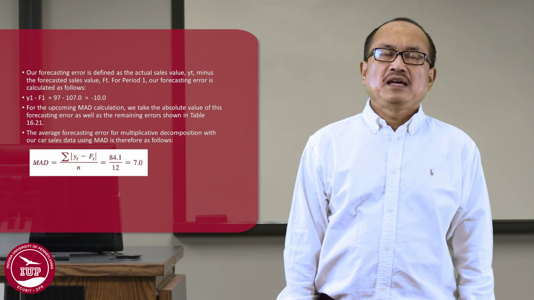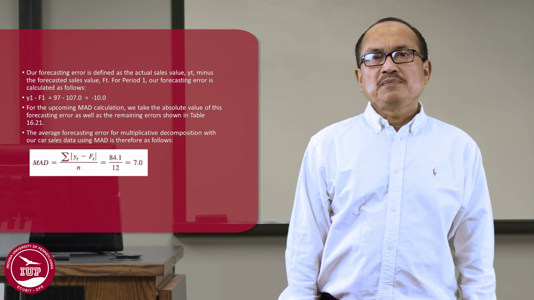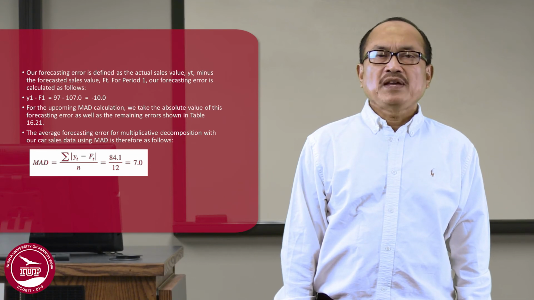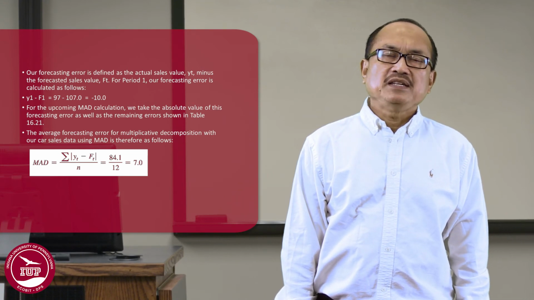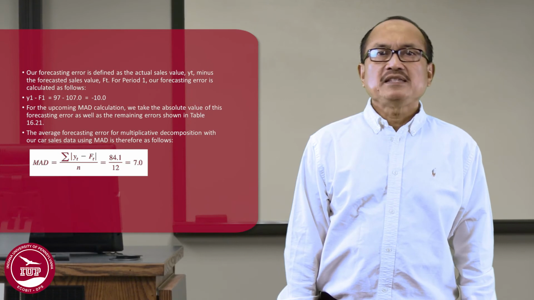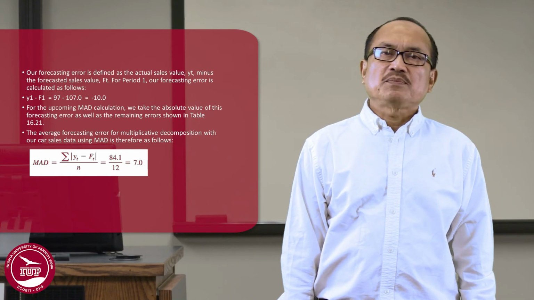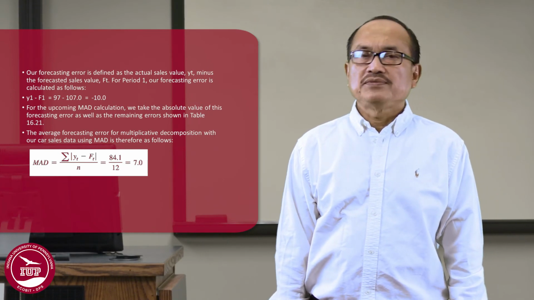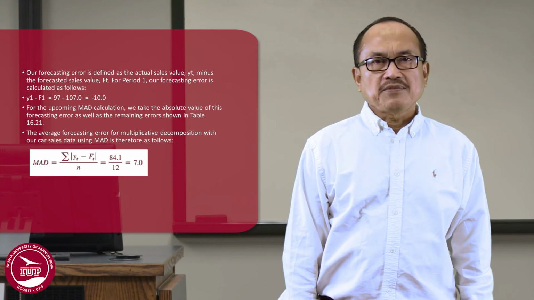The average forecasting error for multiplicative decomposition with our car sales data using MAD is therefore as follows. MAD equal to the summation of the absolute value of YT minus FT divided by N is equal to 84.1 divided by 12 equal to 7.